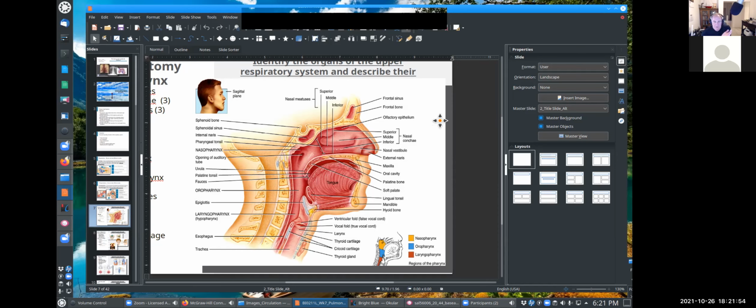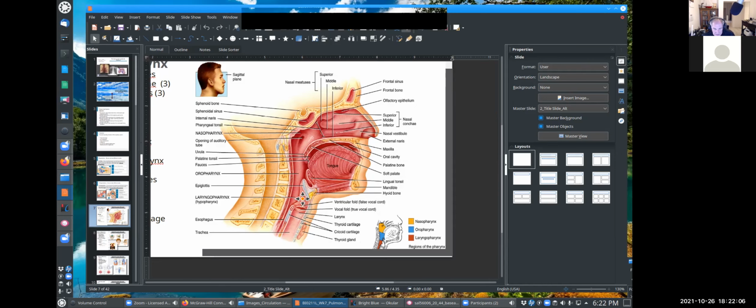On these adults you don't really see any palatine tonsils very well, so I doubt if those would be marked. And then you've got the epiglottis, of course, and the thyroid cartilage, which is pretty obvious. Okay. Trachea.